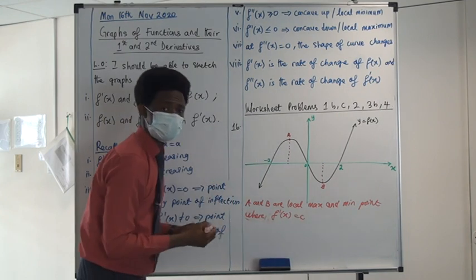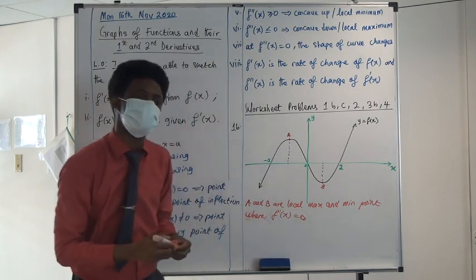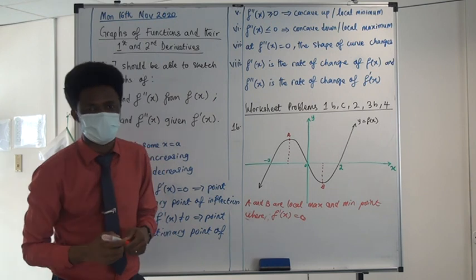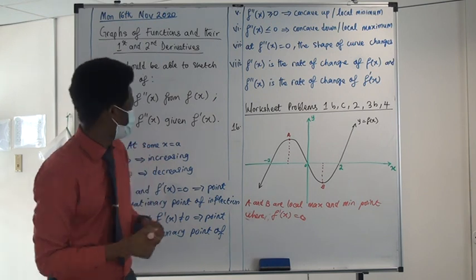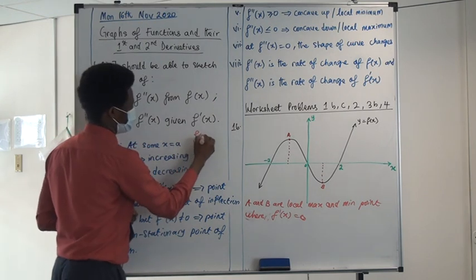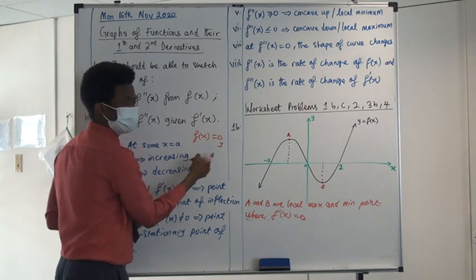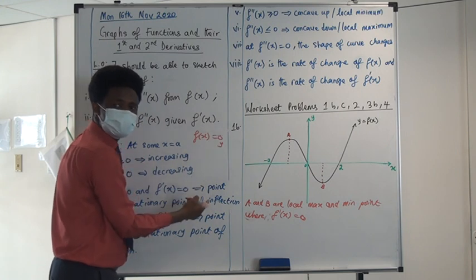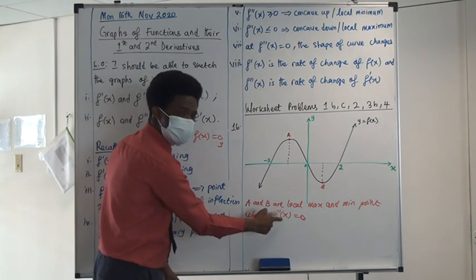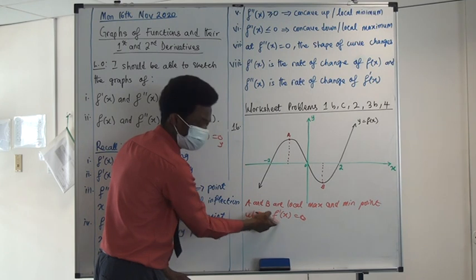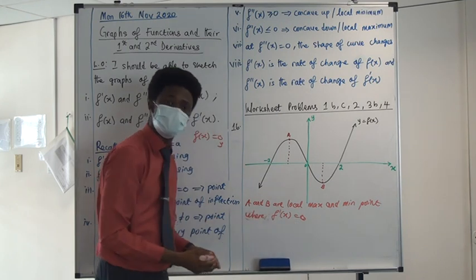Do you agree? Now, when you say y is equal to 0, that's where it crosses the x-axis. Remember, when you say f of x is equal to 0, we are saying where f of x meets y equals 0, which is the x-axis. So similarly, when you say this is equal to 0, we are saying when the first derivative crosses the x-axis.